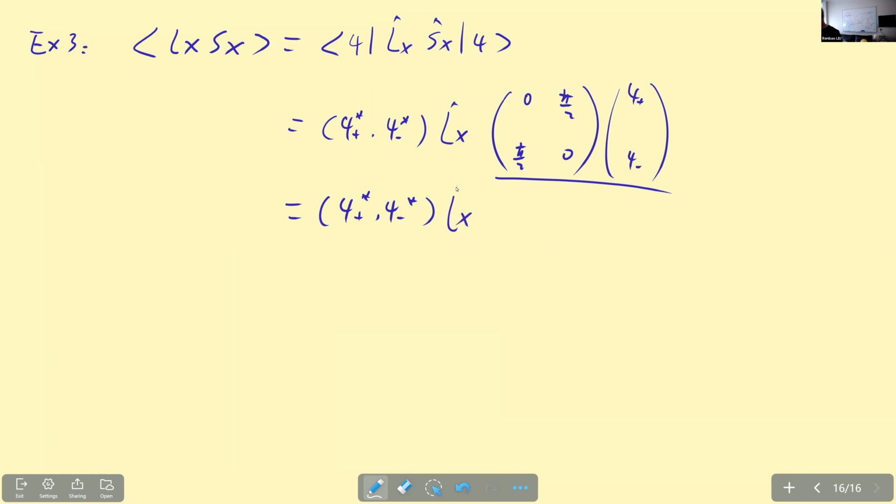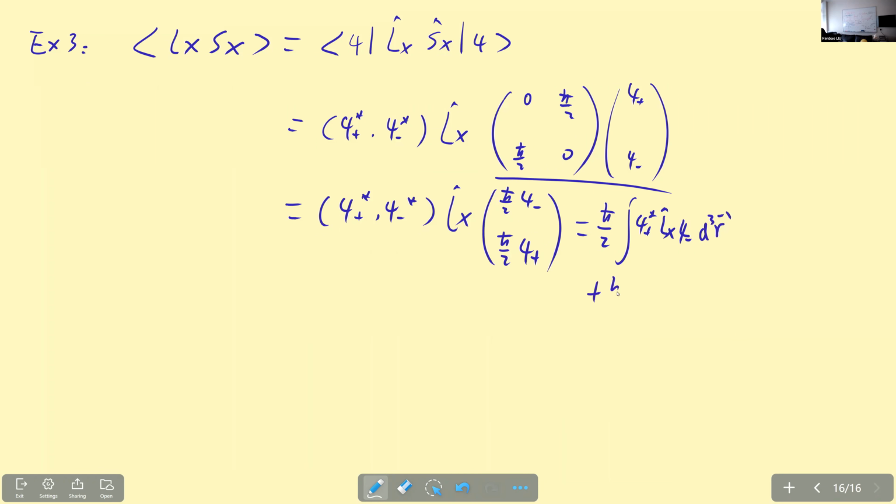So that's Lx. This way you just exchange them and times ħ over 2. So the result is going to be ħ over 2, ψ+ complex conjugate Lx ψ- dr, and plus ħ over 2, ψ- complex conjugate Lx ψ+.